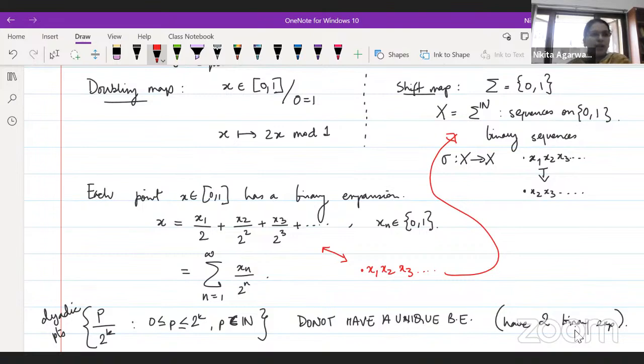So given a point x, you come up with the binary expansion and then you associate a point here. Of course, if you look at these dyadic points, then there are 2 expansions. So there are 2 points here.